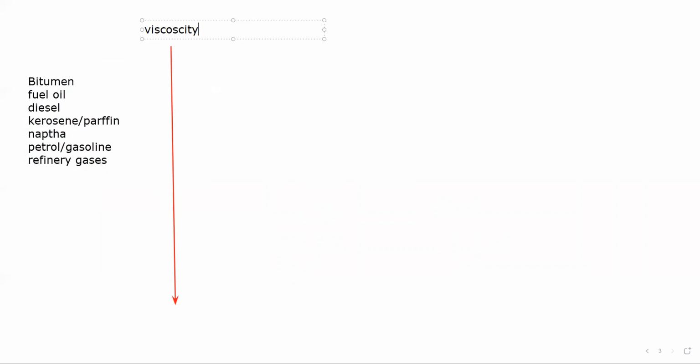For example, if you have a jar which is filled with honey and a jar which is filled with water, and you transfer both of them into another container, which one, water or honey, will transfer quickly? The water will transfer quickly, so we say water is less viscous. Honey will take more time to transfer from one jar to another, so we say it is viscous, thick, does not flow easily. So as we go down the group, here it is the other way around, more viscous toward bitumen.